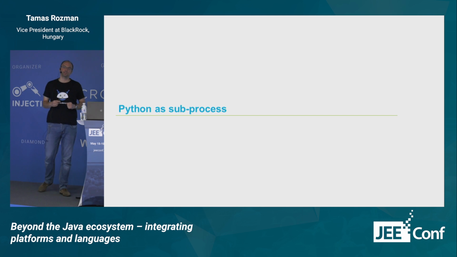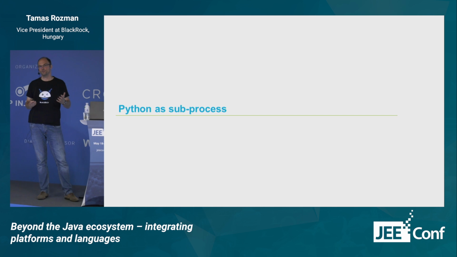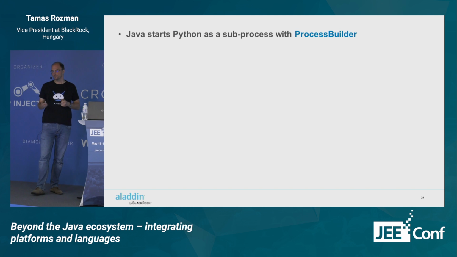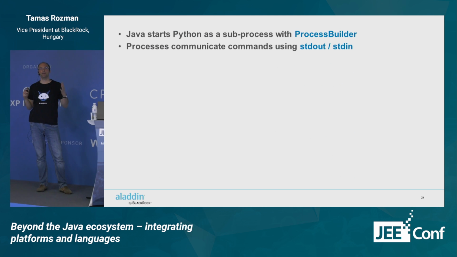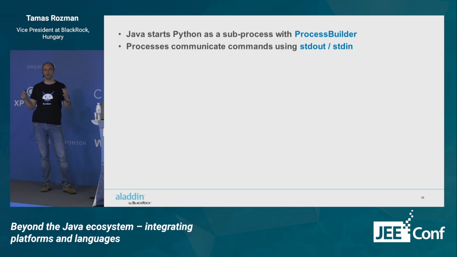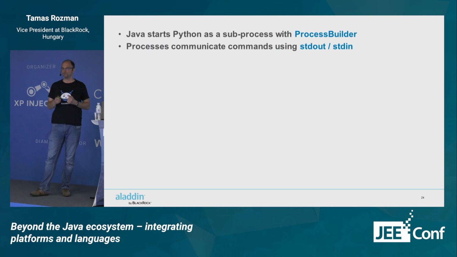What we do is we start Java. From Java, we start Python as a sub-process. We do it by using ProcessBuilder, and we make it work in a way that Python standard input and standard output are attached to Java's output and input streams.